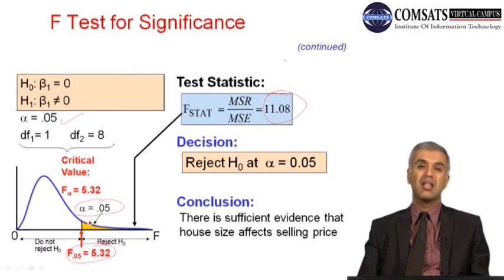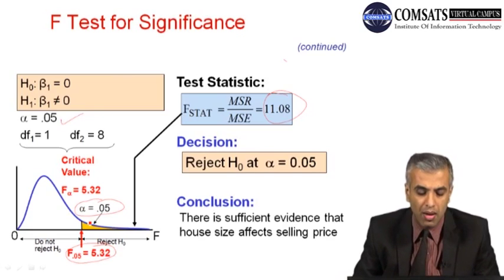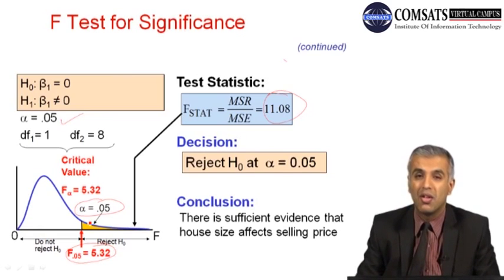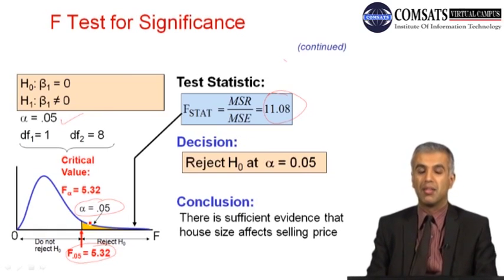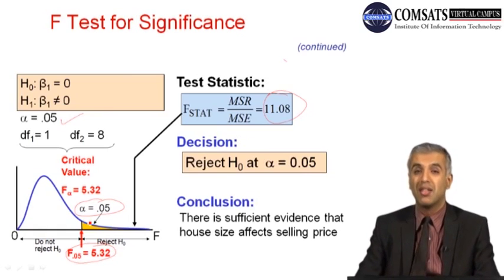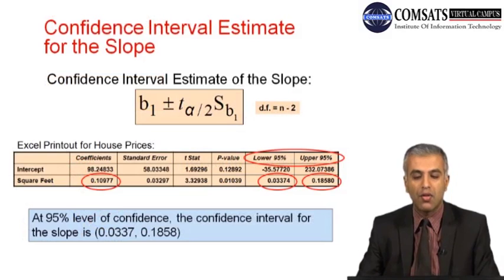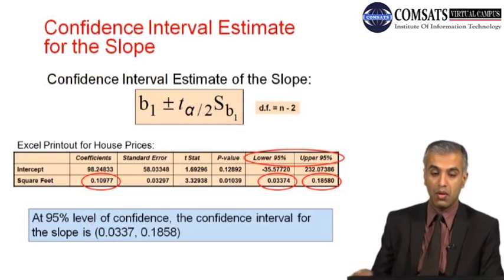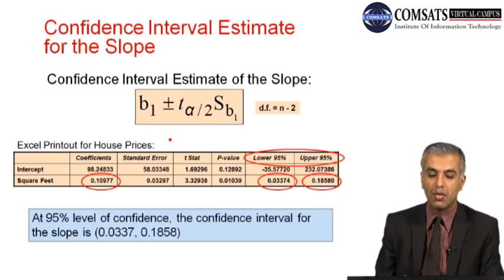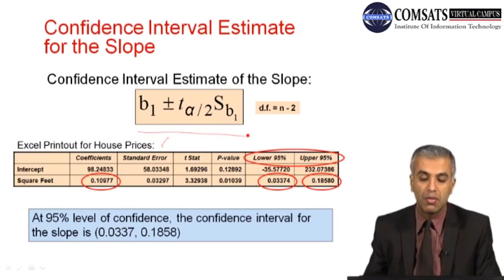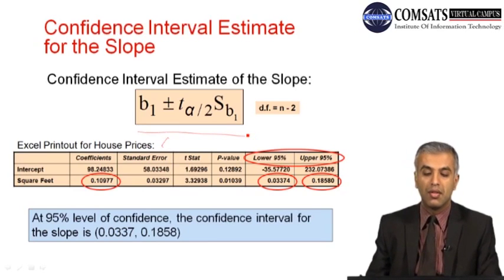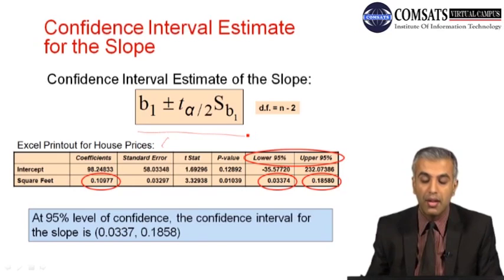So the F test is basically used to evaluate the overall model, and again it must be mentioned that all these tests are necessary for regression performance, for finding out the various results for regression in this case. So we also have to calculate the confidence interval estimate for the slope, and here you can see the standard formula for calculating the confidence interval, which is represented through beta 1 plus minus t alpha divided by 2 into the standard error.